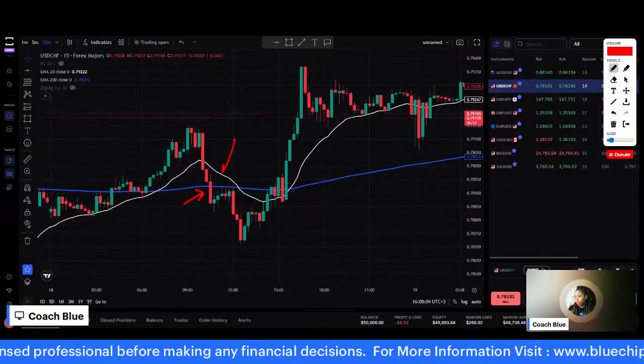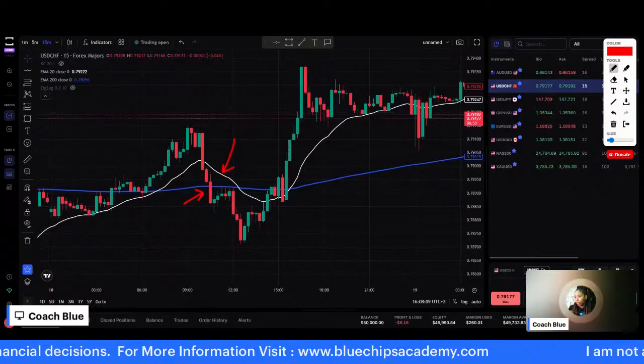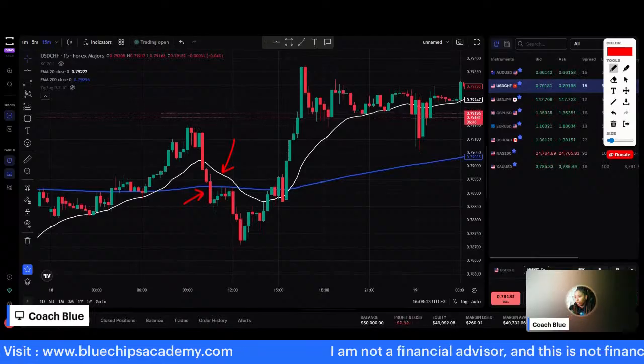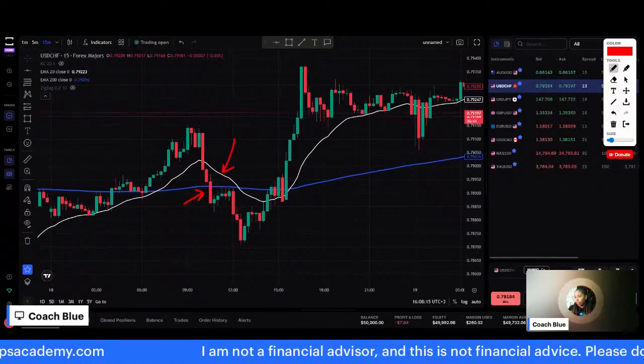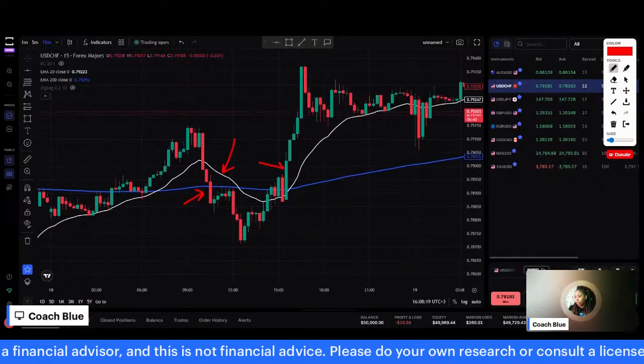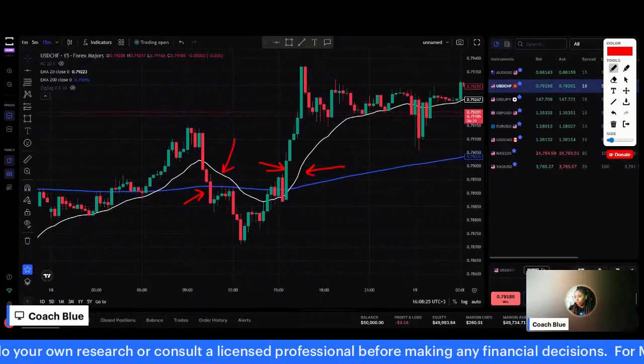Our 20 is still up here. That's not a good entry. But then you get another alert here saying price is near the 200. Your 20 is above. You take the buy.